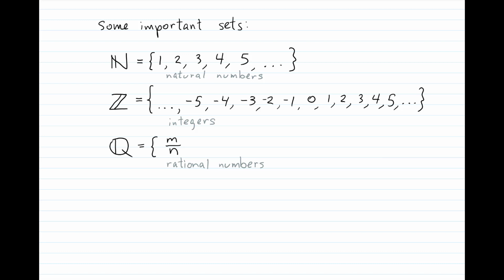Okay? And then I'm going to put a colon here. Nice big colon. Okay? And then I'm going to say m comma n, this fancy little symbol that looks kind of like an E, integers. Oh, and also that n can't be 0, right?